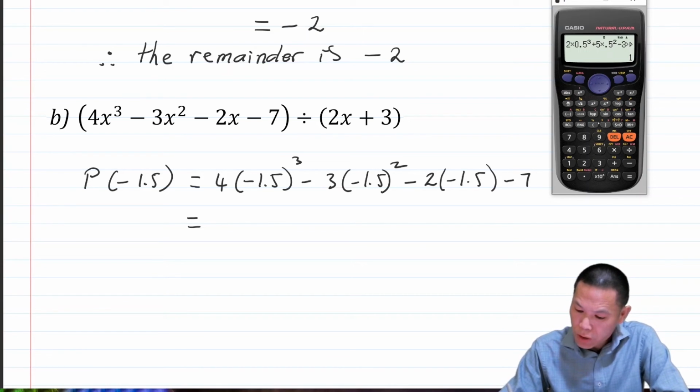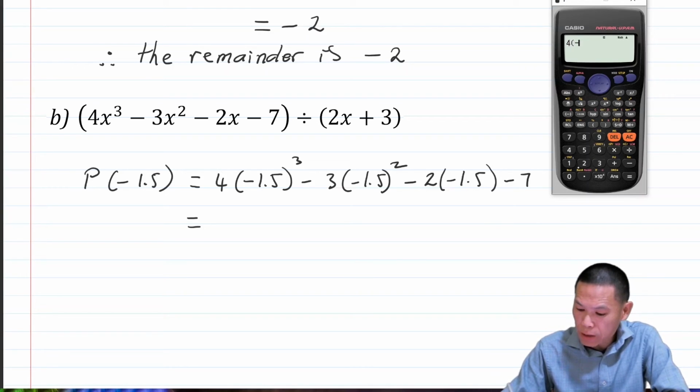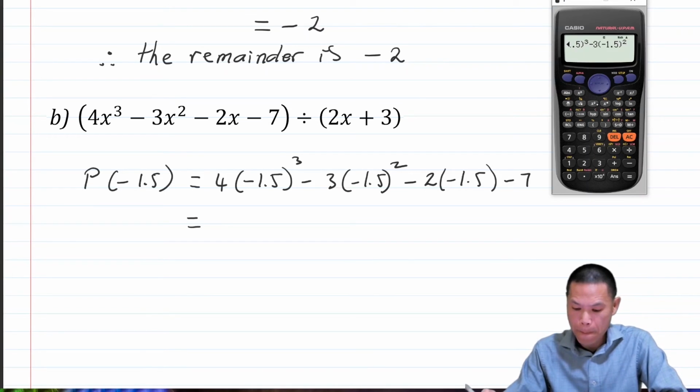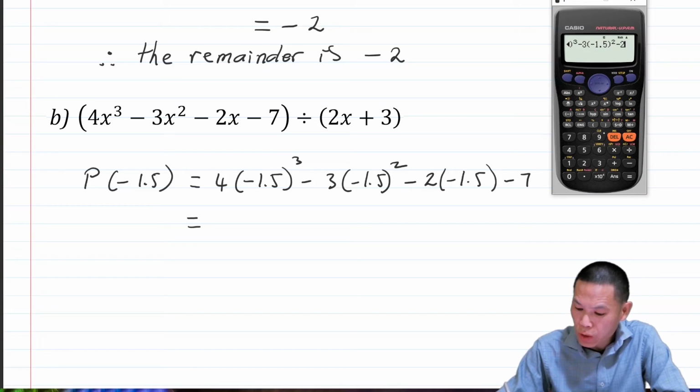So 4 lots of negative 1.5 to the power of 3 minus 3 lots of negative 1.5 squared, and minus 2 lots of negative 1.5 and minus 7.